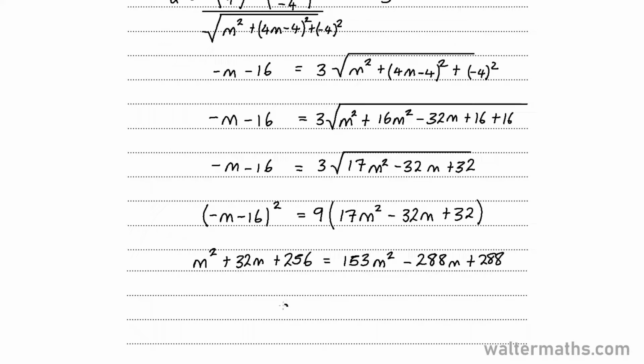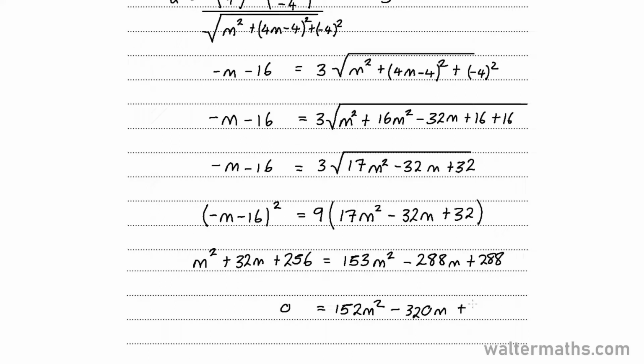So we'll be left with a 0 on the left side, and that'll be equal to, so that'll be 152 M squared. And subtracting 32 from both sides, we'll be having here minus 288M minus 32, which gives us minus 320M. And then subtracting 256 from both sides is 288 minus 256, which is 32.